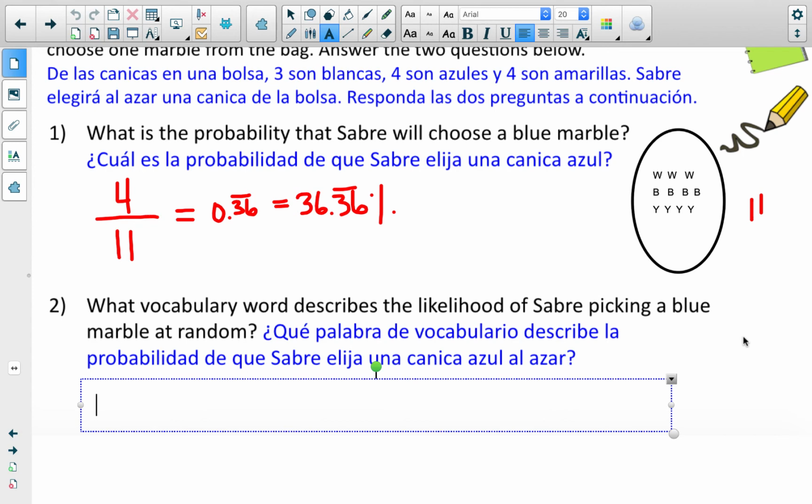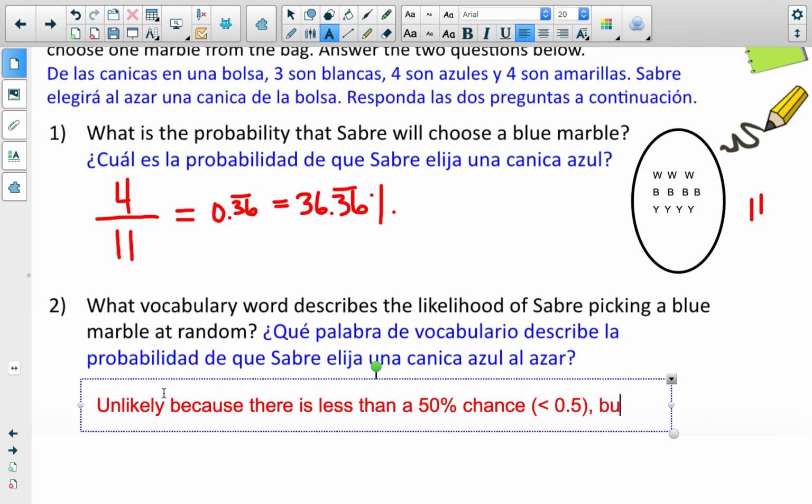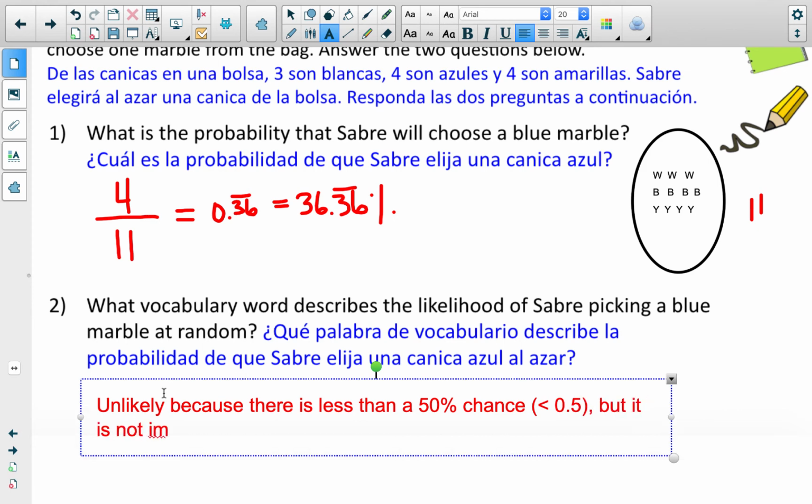So it is unlikely because there is less than a 50% chance. But it is not impossible.